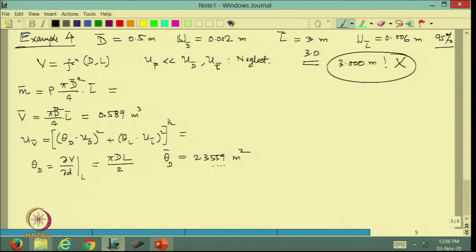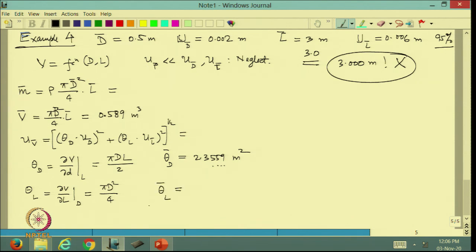How many decimals to keep? You can think about that. The best thing is that if you have to do round off, we do round off at the last step. Theta L similarly is dV by dL at constant d, which is pi d square upon 4, evaluated at d bar.